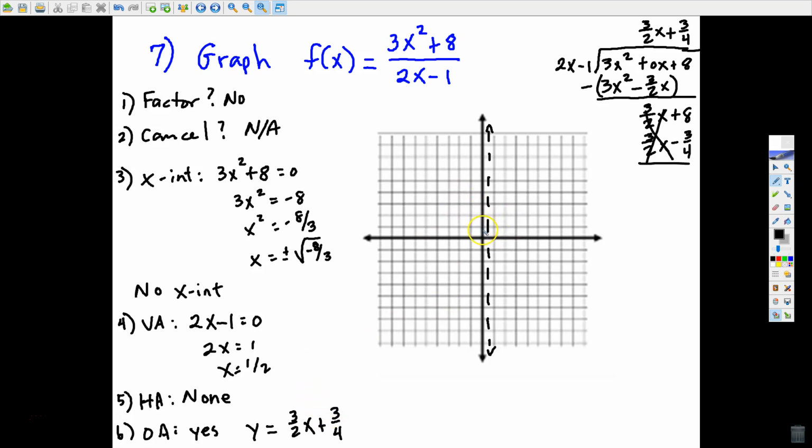All right, so let's just sketch that out. So it has a y-intercept of 3/4. I'm going to say that's right there. And then let's count out a slope of 3/2, up 3, right 2, up 3, right 2 again. And then I'm going to do some more points going this way. Helps me line these up with my tool.